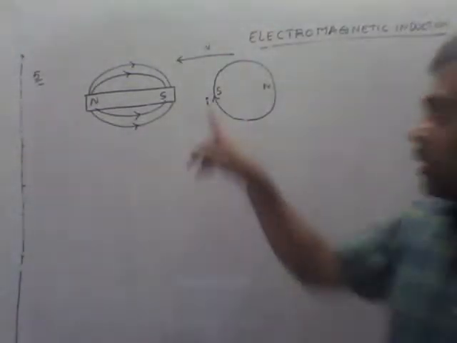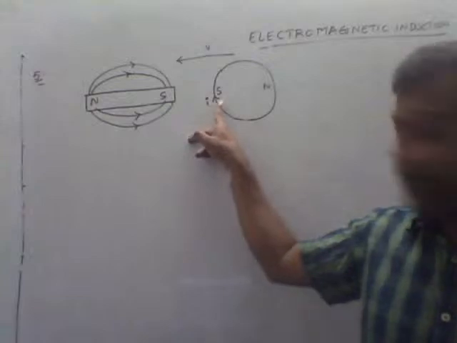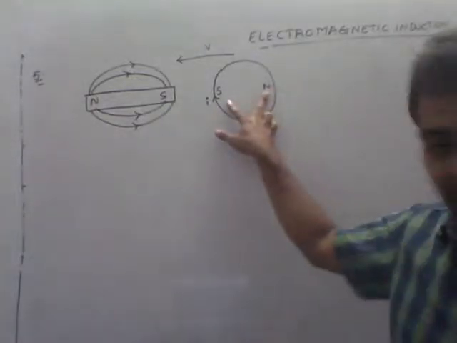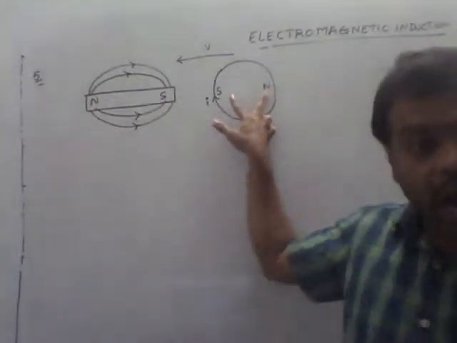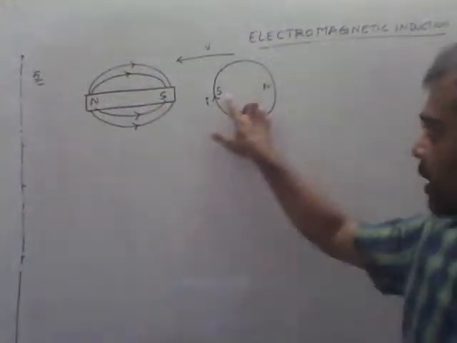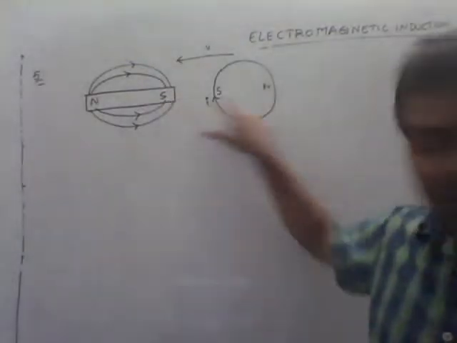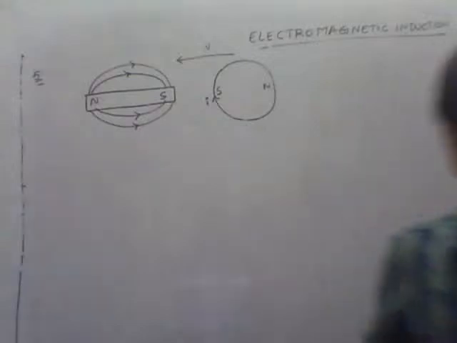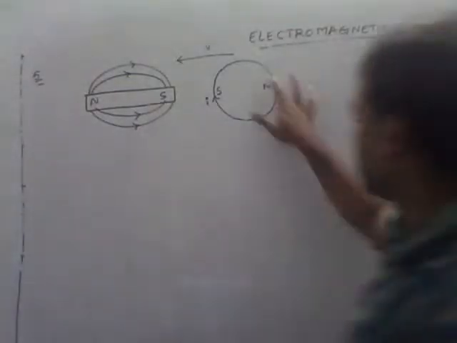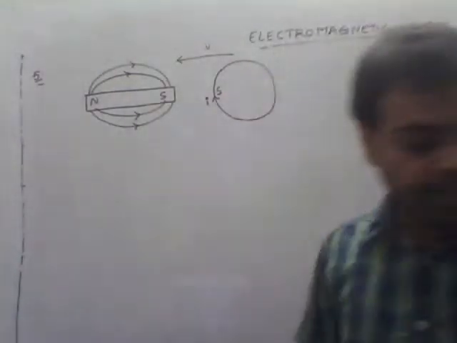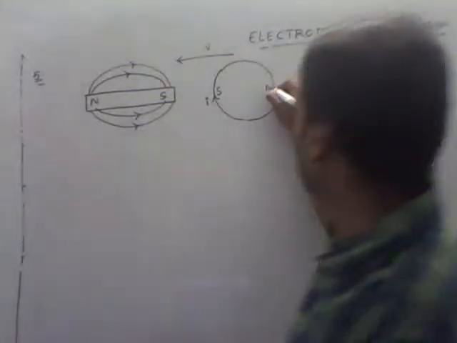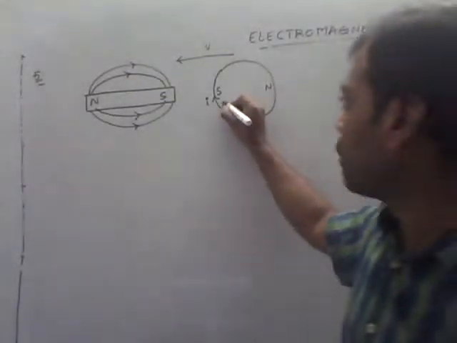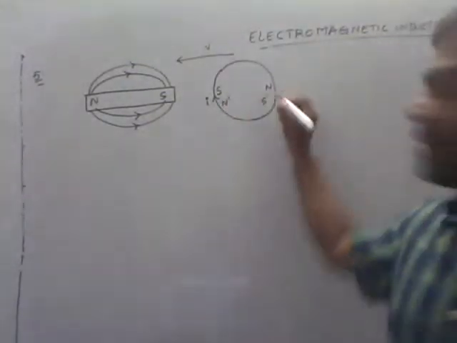This is due to the repulsion, so for this we should take the opposite direction. Since it is due to the repulsion, we got the poles. So here it should be North Pole, so here must be N dash and this is S dash.